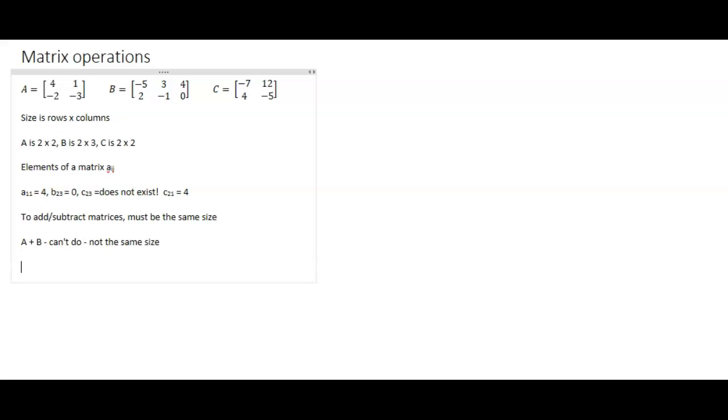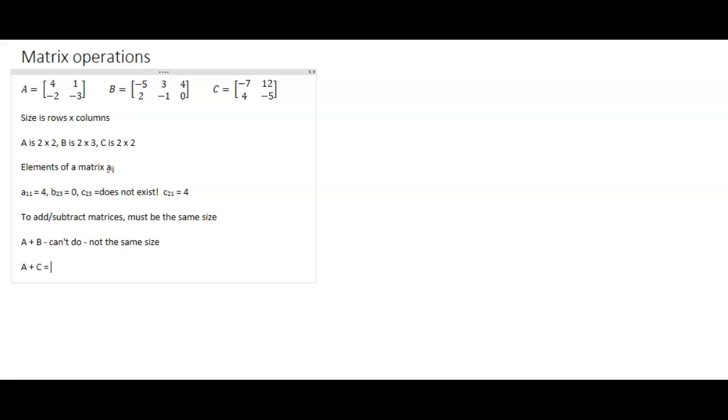Let's do A plus C. The way we're going to add two matrices is by adding corresponding entries. So I'm going to add a11 to c11, a12 to c12, and so on throughout the entire matrix. So the result is the same size as the two components.